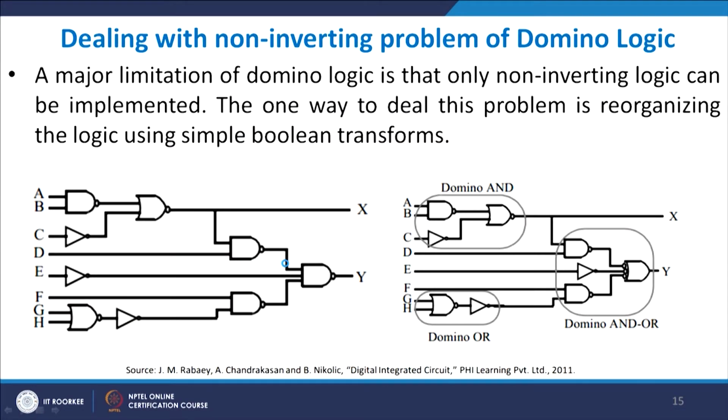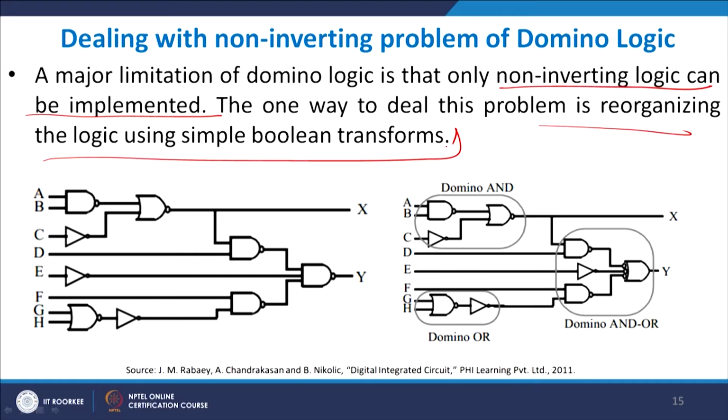Now, as I discussed with you, a major limitation of domino logic is that only non-inverting logics can be implemented. Non-inverting logics means those that do not invert the output. So you just need to reorganize your logic function using simple boolean transforms.